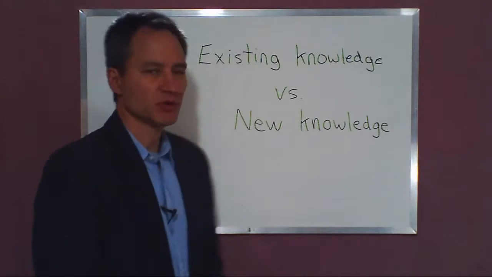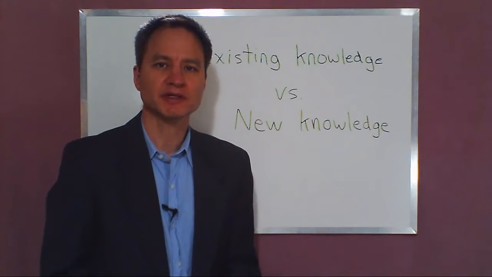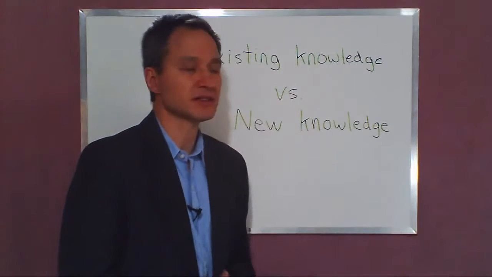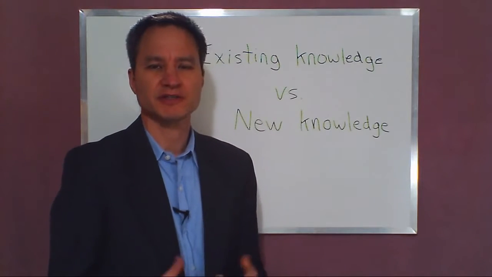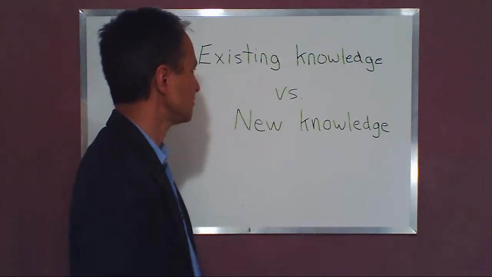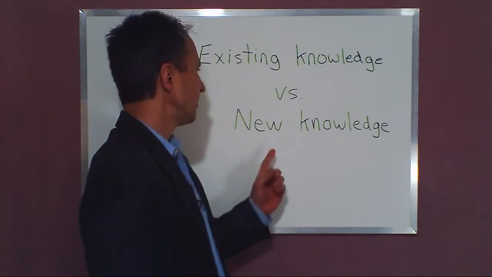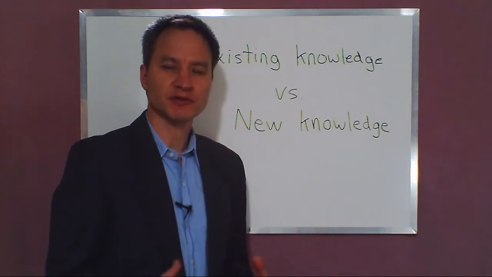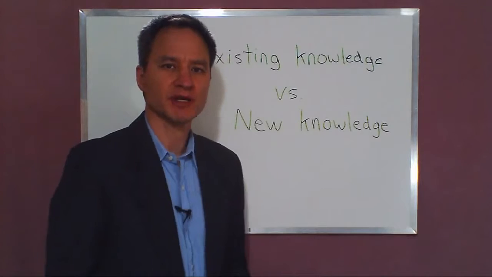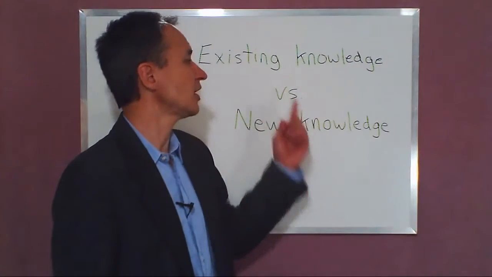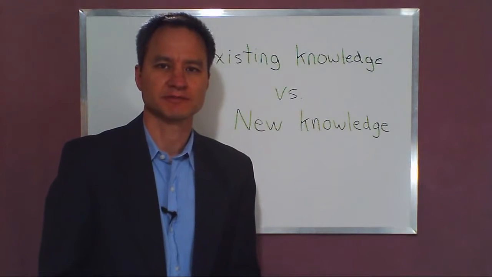Existing knowledge is what we currently know about a topic, and in your classes you would spend time focusing primarily on existing knowledge, and in your exams or studying for exams you try to memorize as much existing knowledge as you can. But in your papers, when you're free to pursue a topic of your own choice and write a research paper on it, you should be pursuing new knowledge as opposed to summarizing existing knowledge.